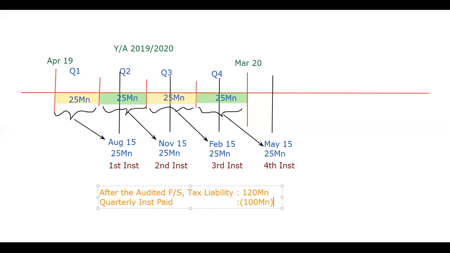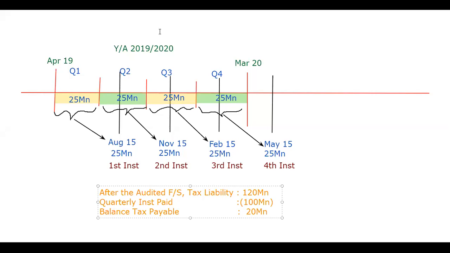Then there is a balance tax payable, like I discussed. The balance tax payable is 20 million. You need to pay it on or before September 30.